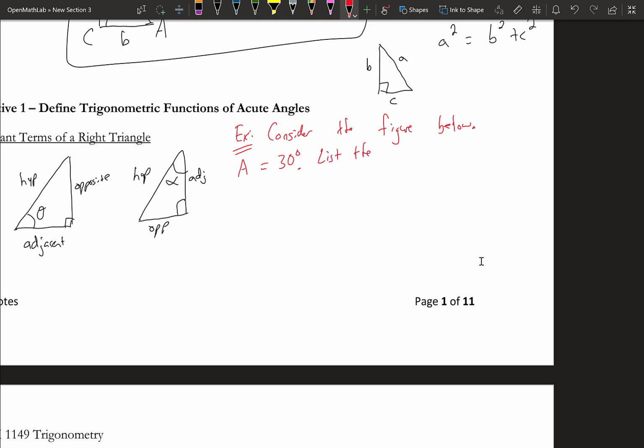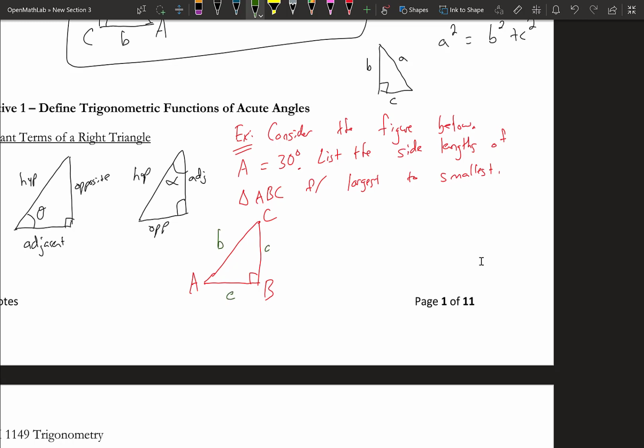List the side lengths of triangle ABC from largest to smallest. So let's say here's my figure. Let this be angle B, angle A, angle C. Then that would tell me that this is side B, this is side C, and this is side A, because they always go across from one another.